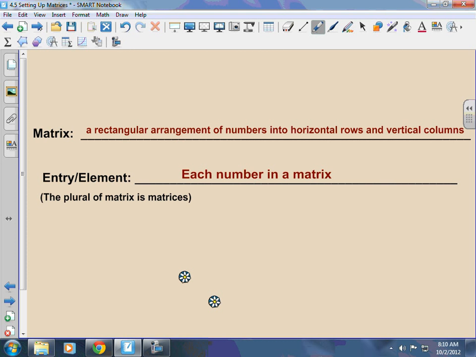Excellent. A group of numbers set up in rows and vertical columns. Horizontal rows and vertical columns. That's an excellent definition. Horizontal goes like this. Vertical goes like that. Okay? So it's just a group of numbers set up in horizontal rows and vertical columns. And then your entry is each number in the matrix.